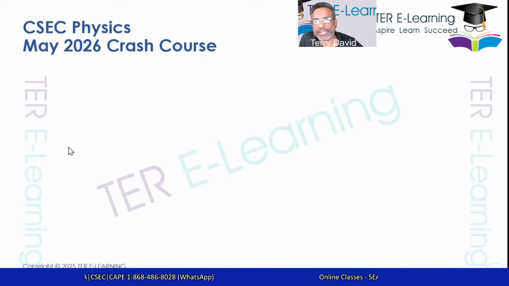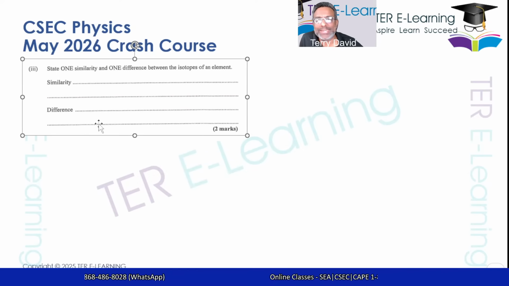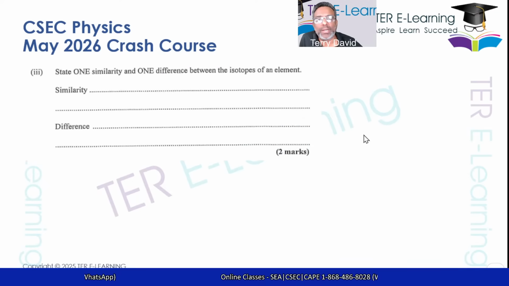All right, so in this next part here, they said, state 1 similarity and 1 difference between isotopes. So first of all, isotopes of an element have the same number of protons and different number of neutrons. That's the definition for an isotope. So in the physics exam, they can ask you what is meant by an isotope, right? Those are atoms of the same element having the same number of protons but different number of neutrons.